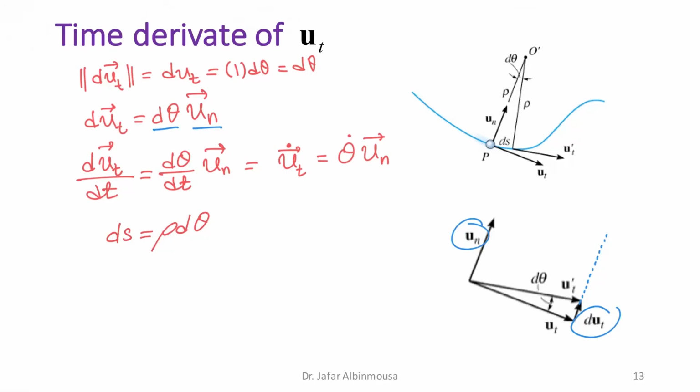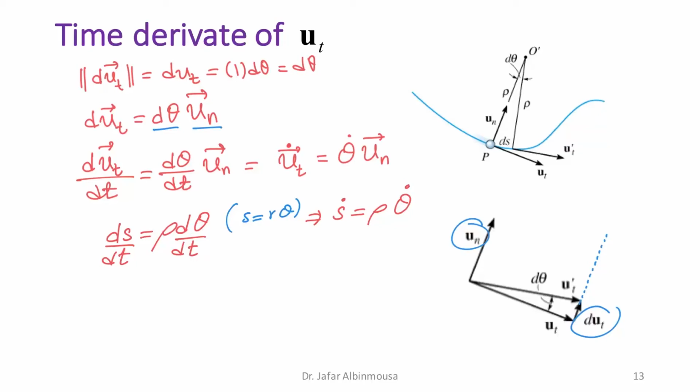This is the same equation that I used before, S equals R theta, but now I'm writing it for a differential change. If I divide this by dt and this by dt, I get S dot equals rho theta dot.